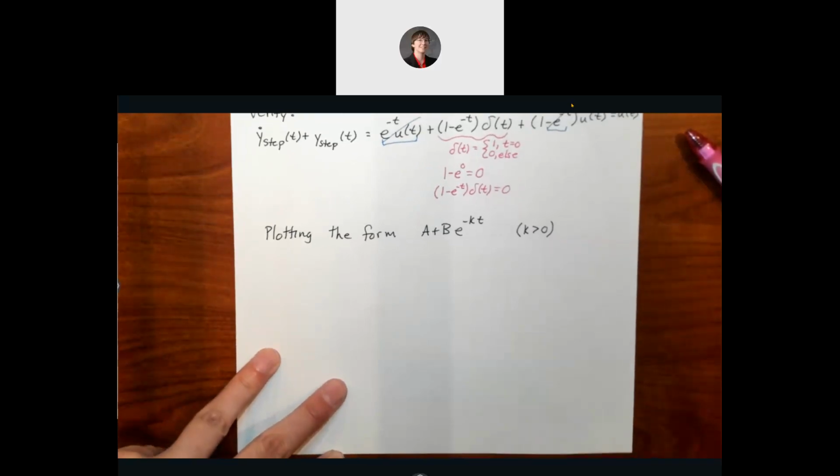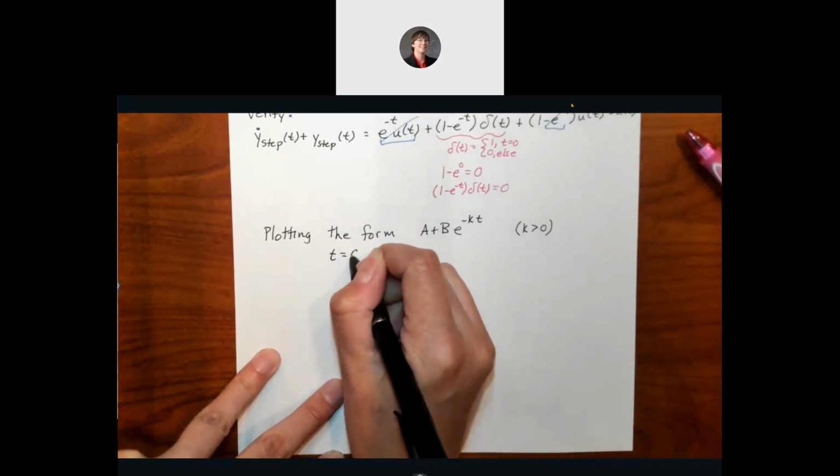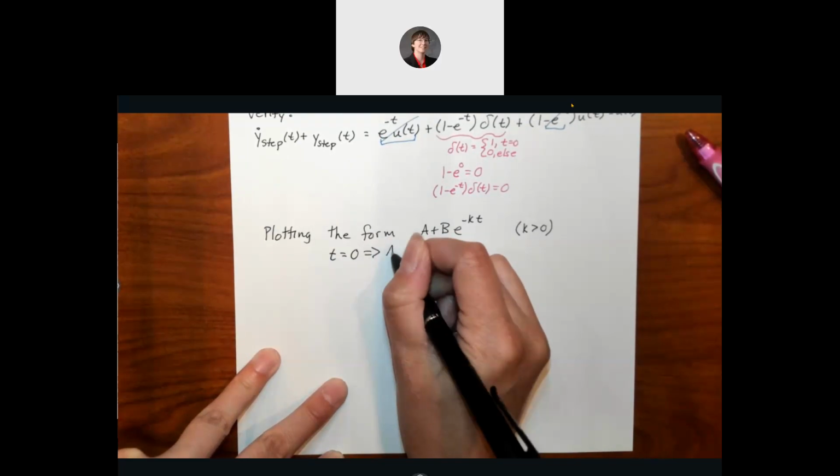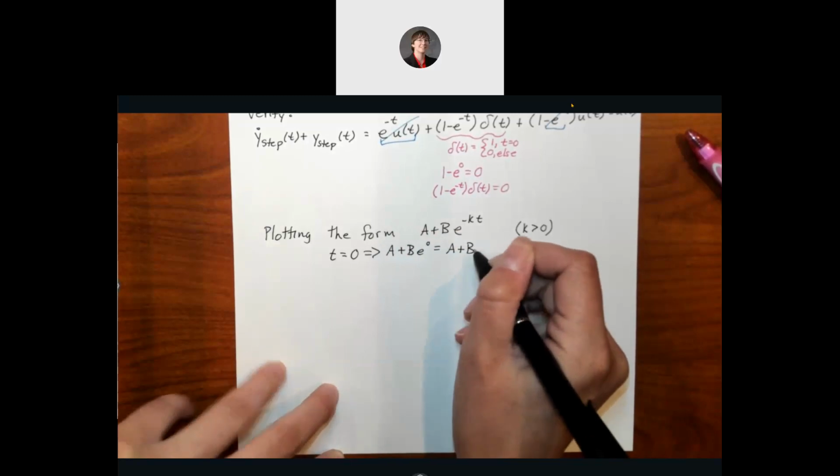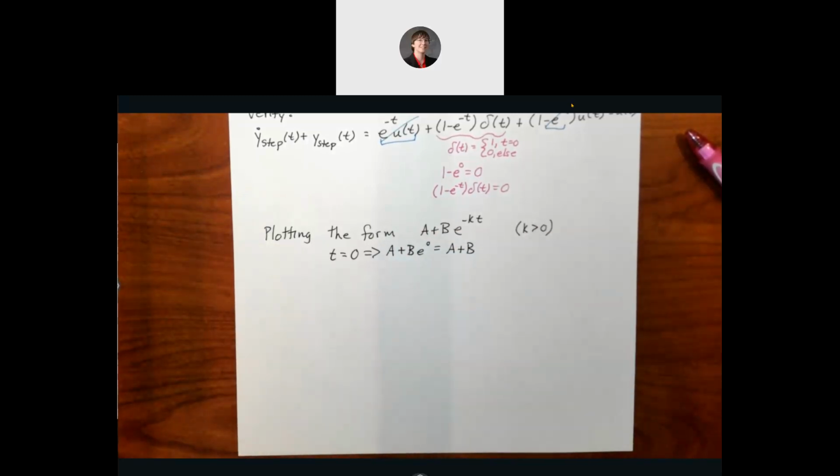A key point we can recognize is that when t is equal to 0, we have a plus b e to the 0. It's just a plus b. So we always know where that 0 point is.